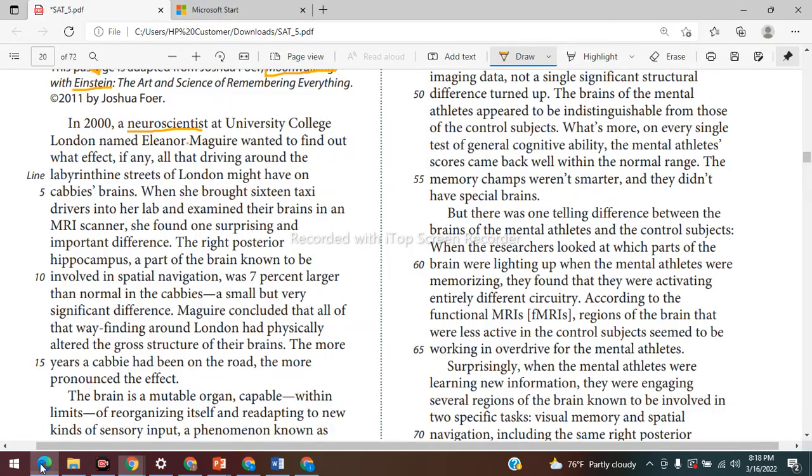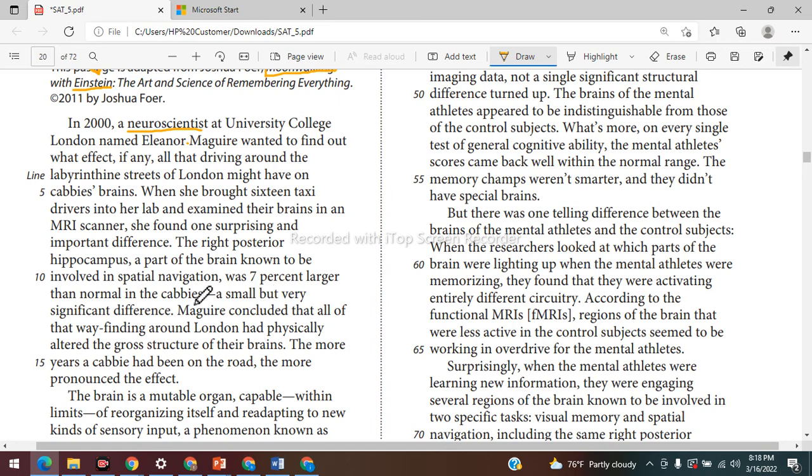Okay. So when she brought 16 taxi drivers into her lab and examined their brains in an MRI scanner, she found one surprising and important difference. The right posterior hippocampus, a part of the brain known to be involved in spatial navigation, was 7% larger than normal in the cabbies.